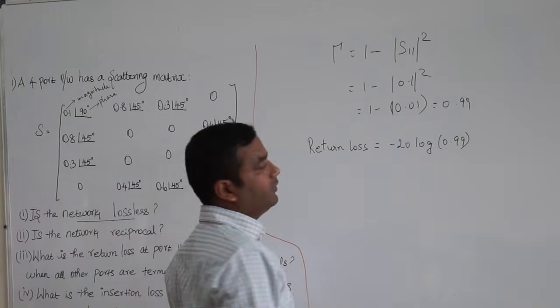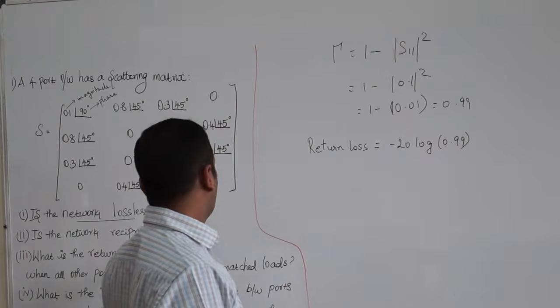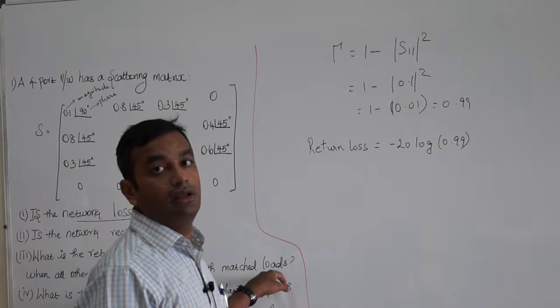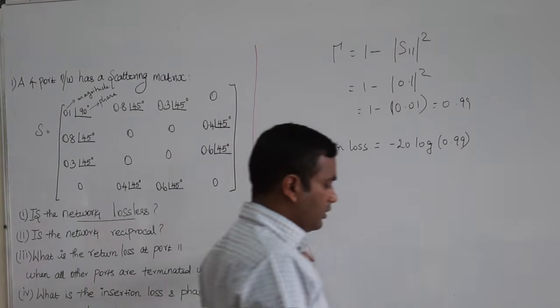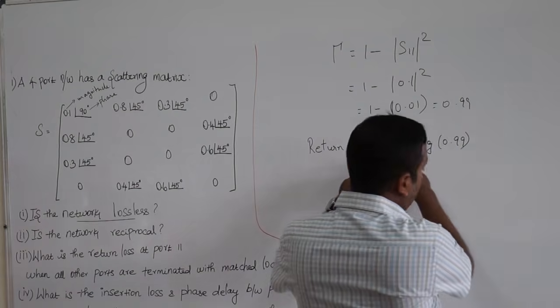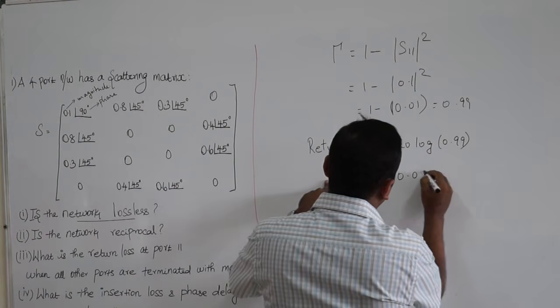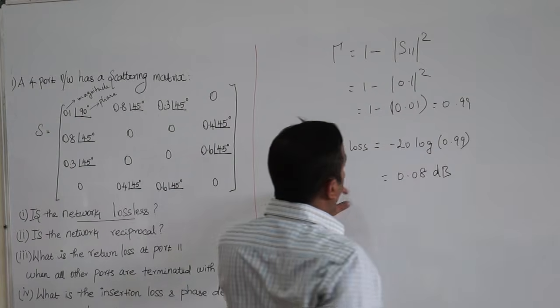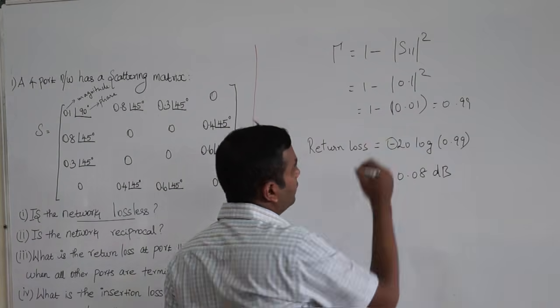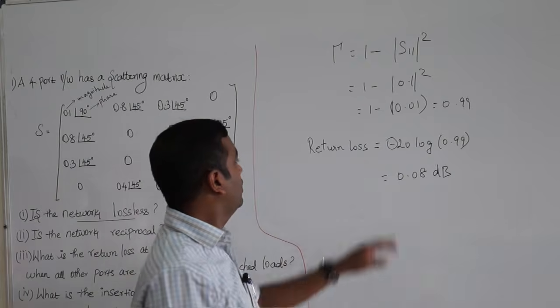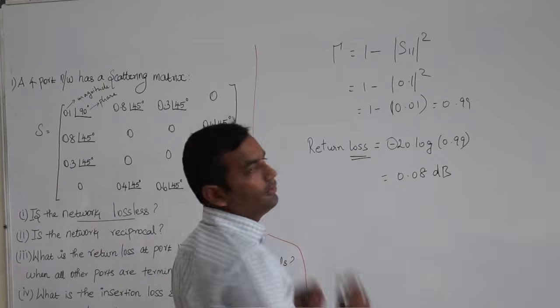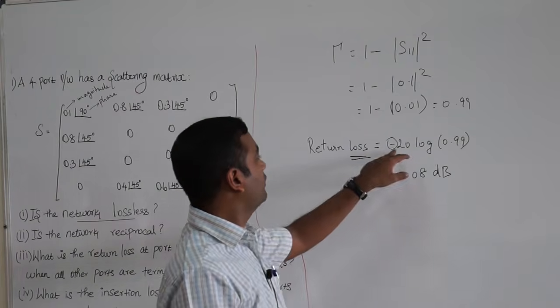So if you compute this, you will get the return loss at port 1 when all the other ports are matched with their matched loads. So if you take minus 20 log of 0.99, you will have the answer to be 0.08 dB. And why have I put the minus sign? Because it is representing loss. So that is why I put the minus sign.